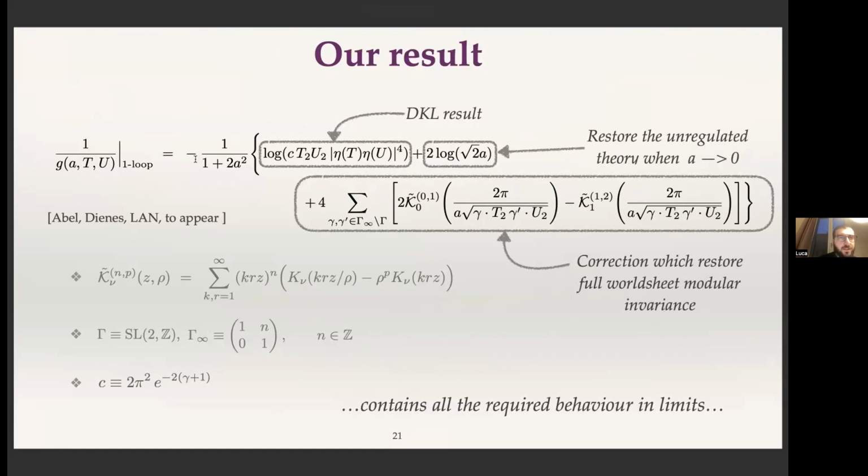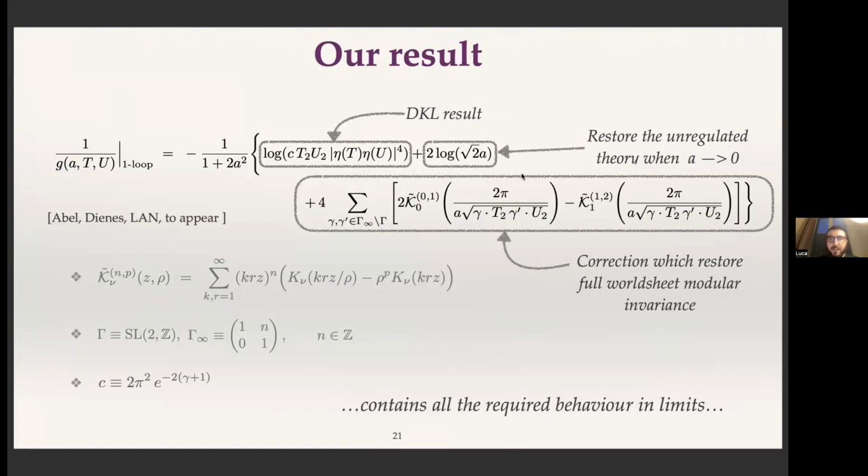The full contribution of massless and massive states to the one-loop gauge coupling is captured by this expression here. One of the most interesting things is that this expression contains the old result, the result by Dixon, Kaplunovsky, and Louis. But again, some corrections appear.